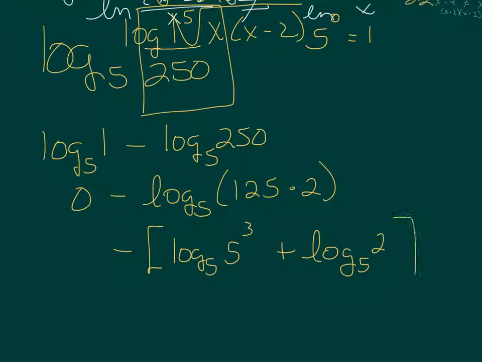And what is log base 5 of 5 to the third? So we have a negative 3 minus the log base 5 of 2. Plus, no, minus, we distribute. Have to distribute that negative. Did you get 5 to the 4? 25 is 5 to the third. Okay. Questions?